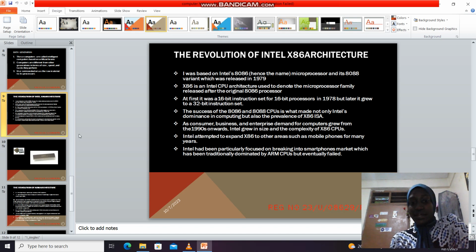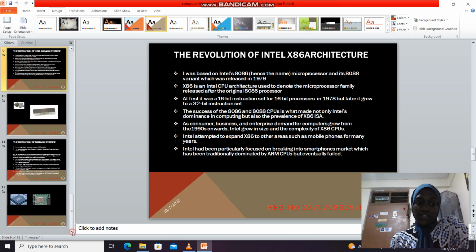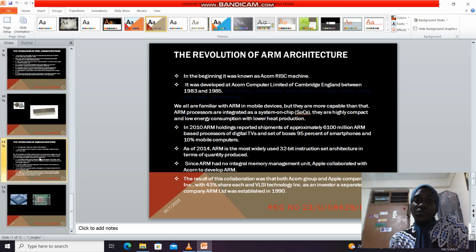Intel attempted to expand x86 to other areas such as mobile phones for many years. Intel had been particularly focused on breaking into the smartphone market, which has traditionally been dominated by ARM, but eventually failed.